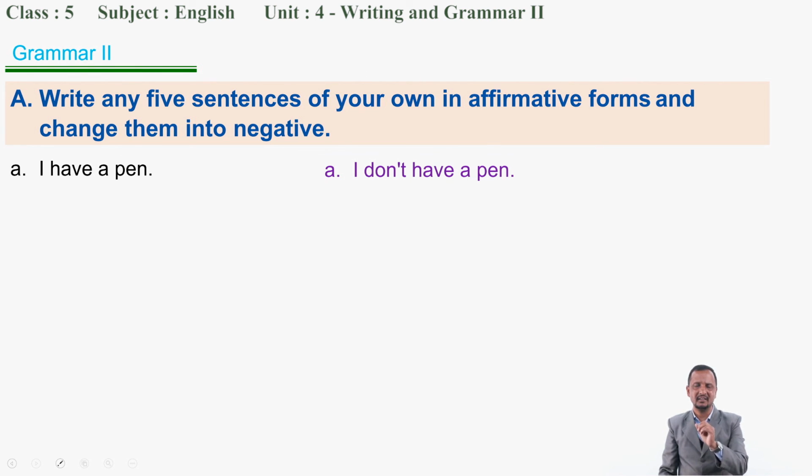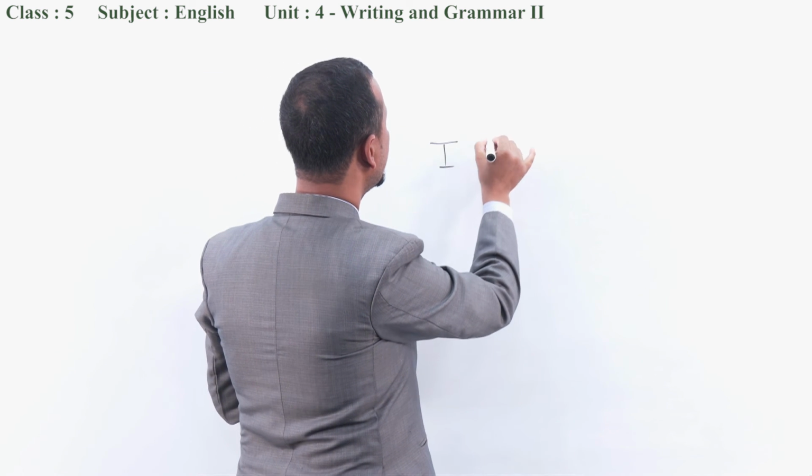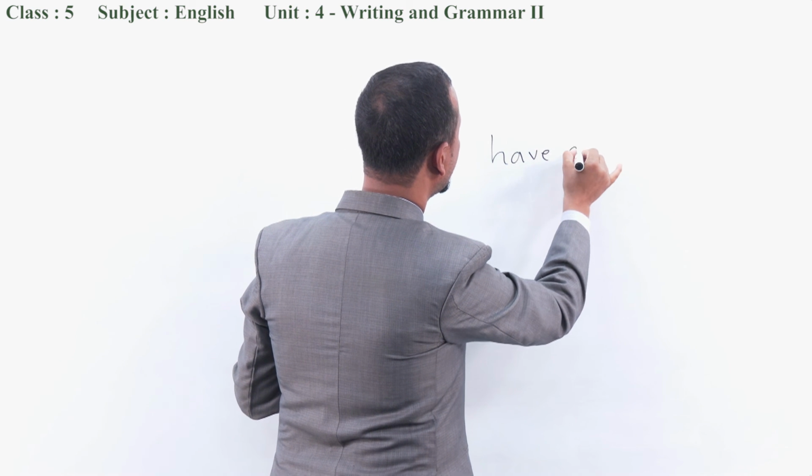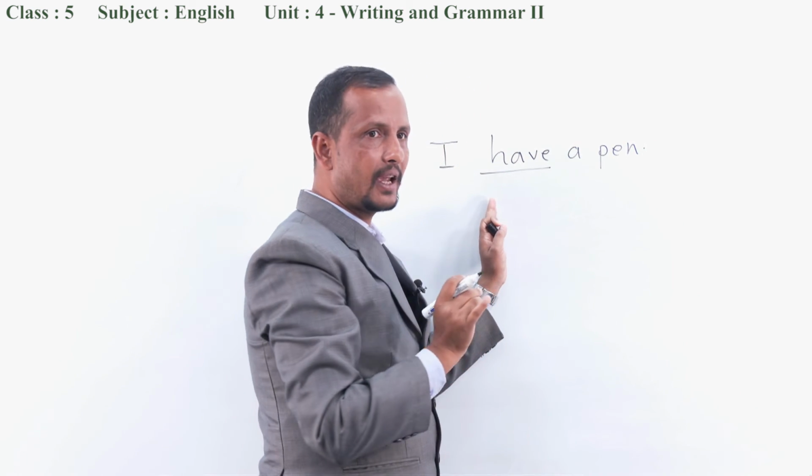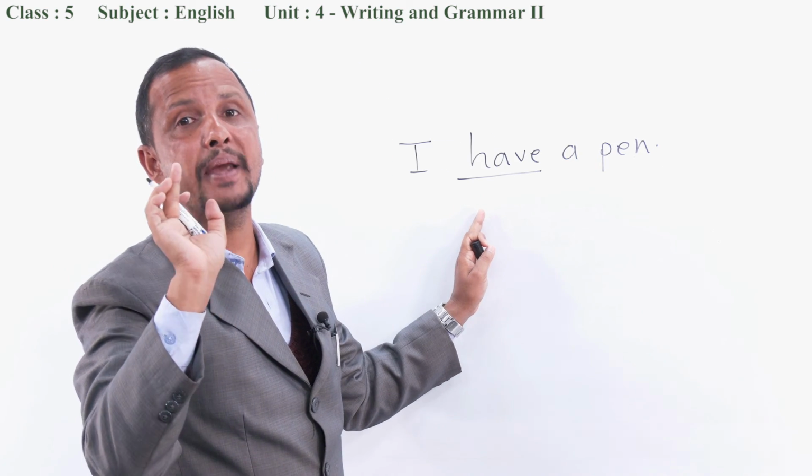Is there any query? Why is there don't have? Earlier I said have not. So let's see here. I have a pen. Here this have is used as a main verb.